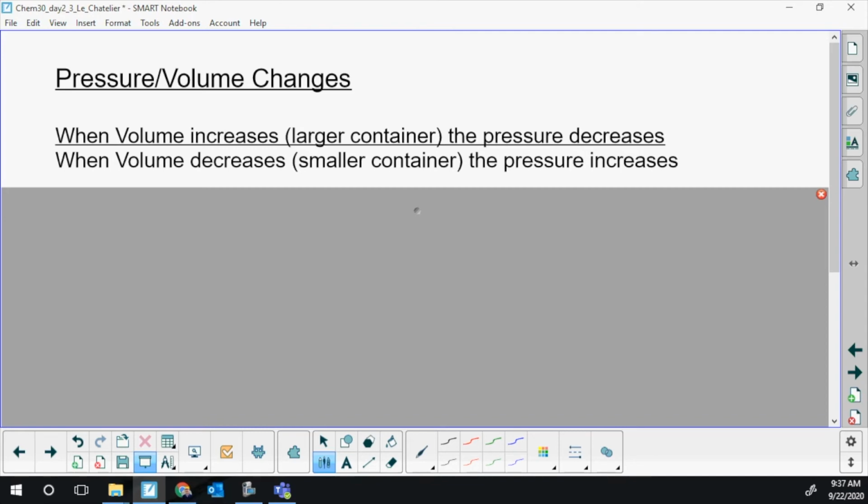You've got the same gas molecules, but now they're in a bigger container. So volume goes up, pressure goes down. And the opposite: if you squeeze a balloon, which we've all probably done, you drive the pressure up inside.